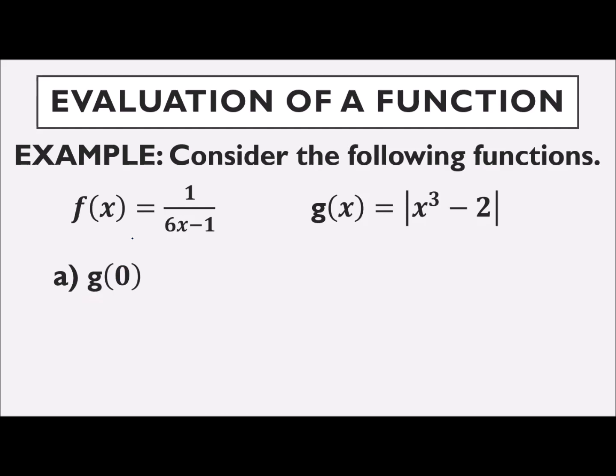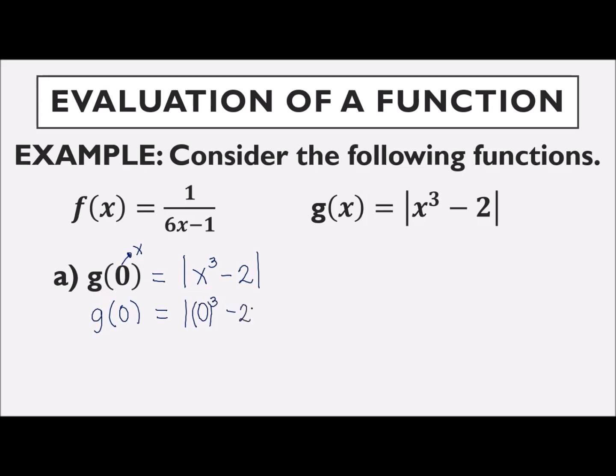It's the same with functions. Since it is g of 0, we will use the function g, which is the absolute value of x cubed minus 2. Again, the value of x here is 0. So we will just replace all x by 0.